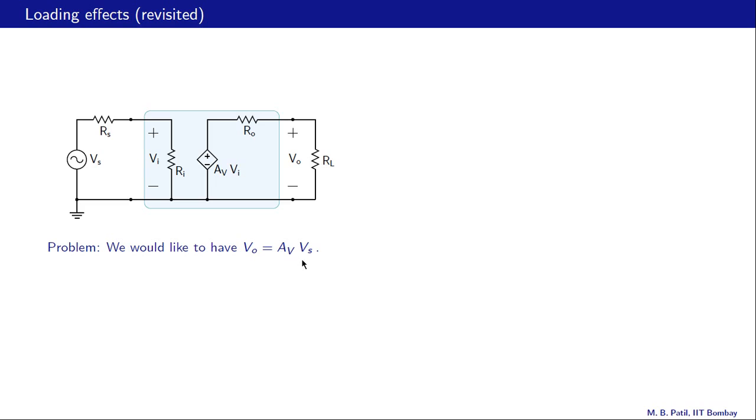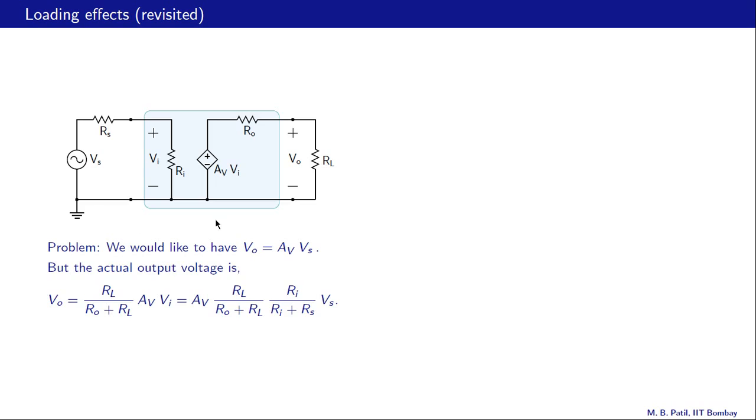Now if you recall, with this configuration, the output voltage is not AV times Vs but something smaller: AV times RL divided by RO plus RL, and this factor arises because of the voltage division happening here on the load side, times Ri divided by Ri plus Rs, where this factor is because of voltage division happening on the source side, that multiplied by Vs. So it is not quite what we want.